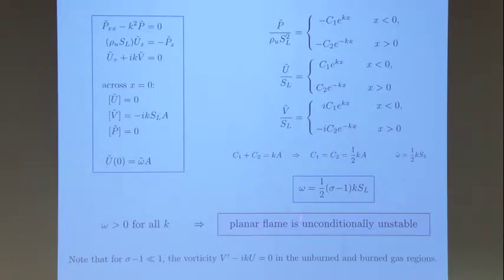But before I do that, I want you also to note that when sigma minus 1 is small, the vorticity, which is dv/dx minus du/dy, is v prime minus ik u, and if you evaluate it here, it's 0 on both sides, on the unburned side and on the burned side.